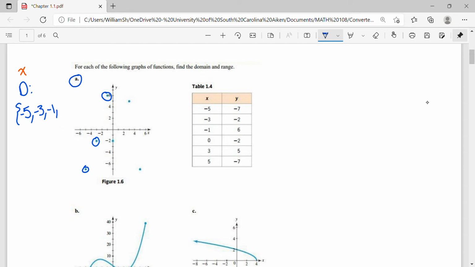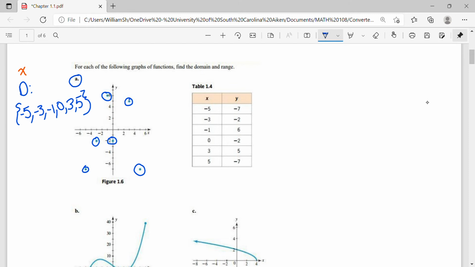And the next point here, my x value is actually 0. This point here, my x value is 3. And this point here, my x value is 5. I'll close my bracket here. So my domain here is -5, -3, -1, 0, 3, and 5. All values that x could be here.